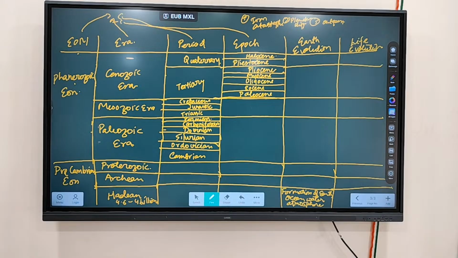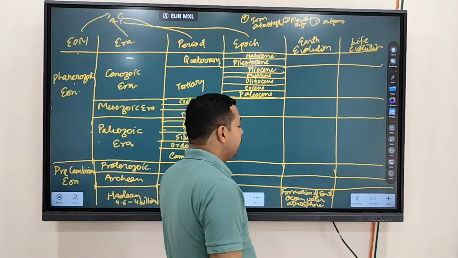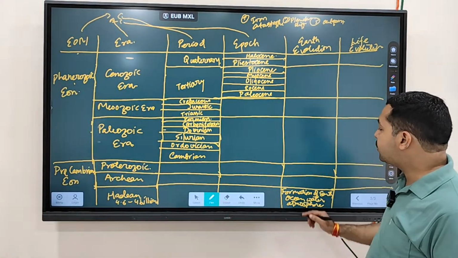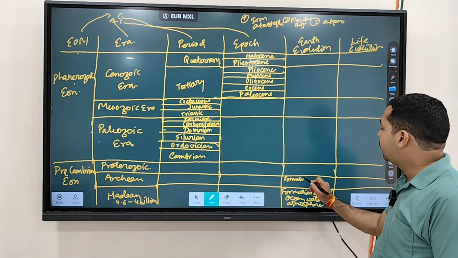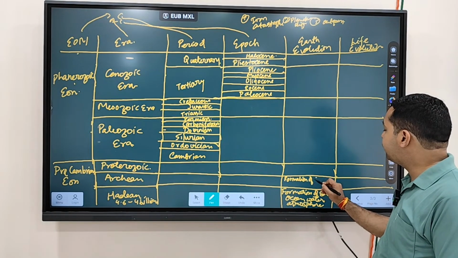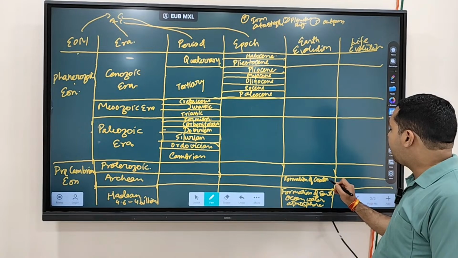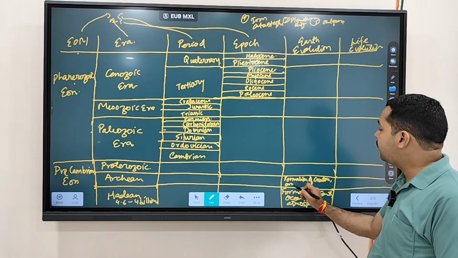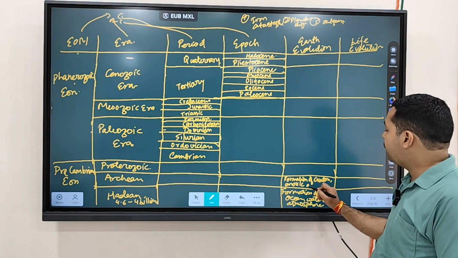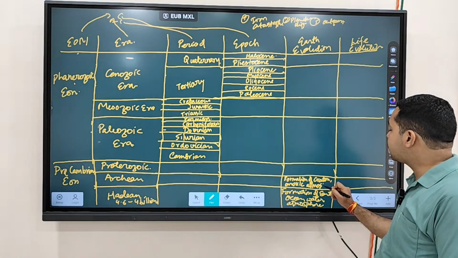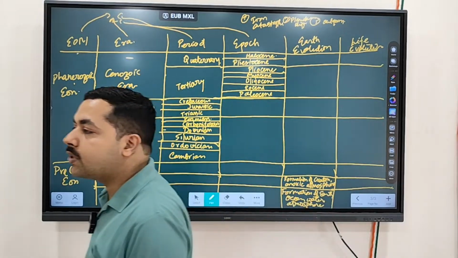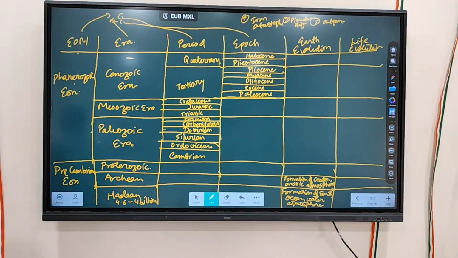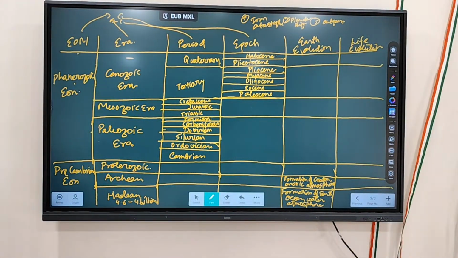Clear? What happens in the case of the Archean period? In the Archean period, you see the formation of cratons happen. You'll have an anoxic atmosphere. Which type of atmosphere? Anoxic atmosphere.